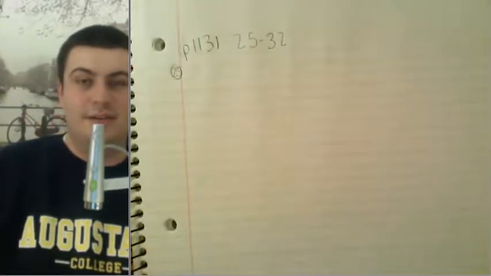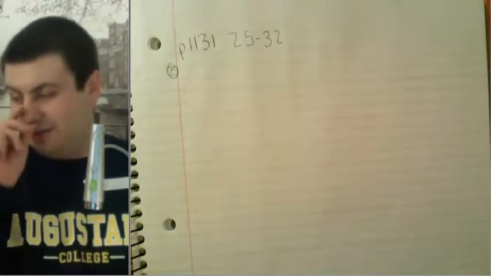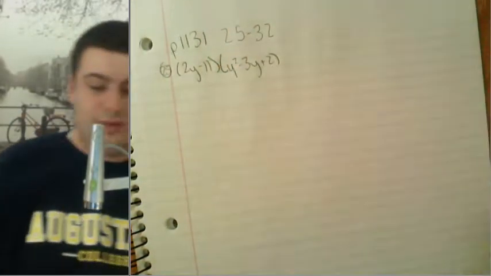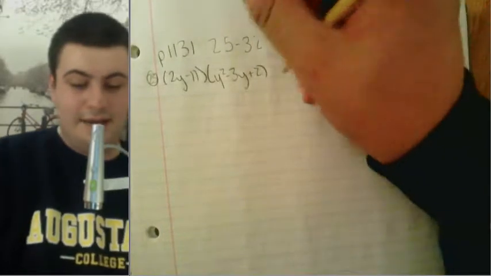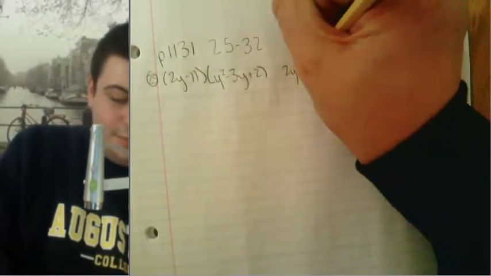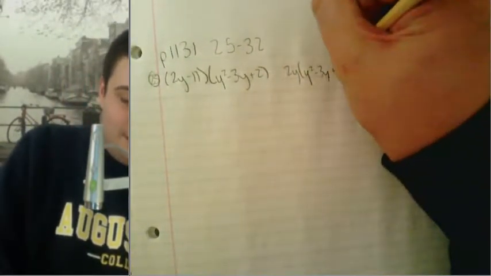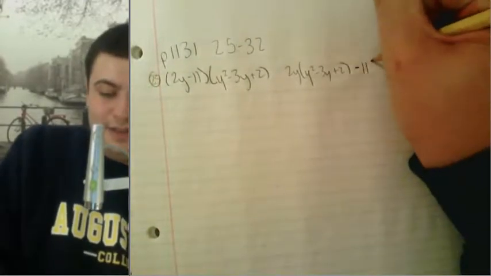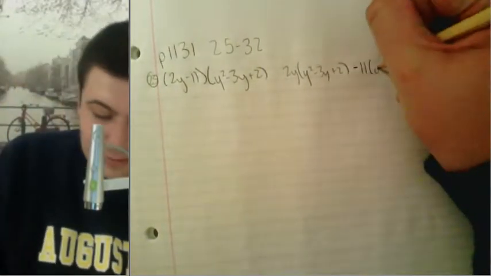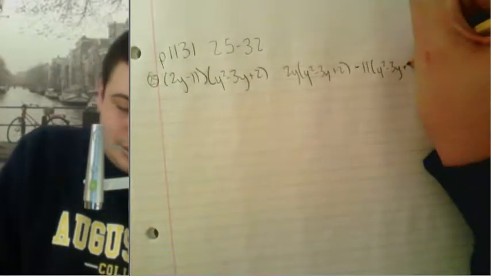Now, as we look at our practice problems on page 1131, 25 through 32, in 25 we see that we have 2y minus 11 times the group y squared minus 3y plus 2. So I'm going to set up that I have 2y times the group y squared minus 3y plus 2, minus 11 times the group y squared minus 3y plus 2.